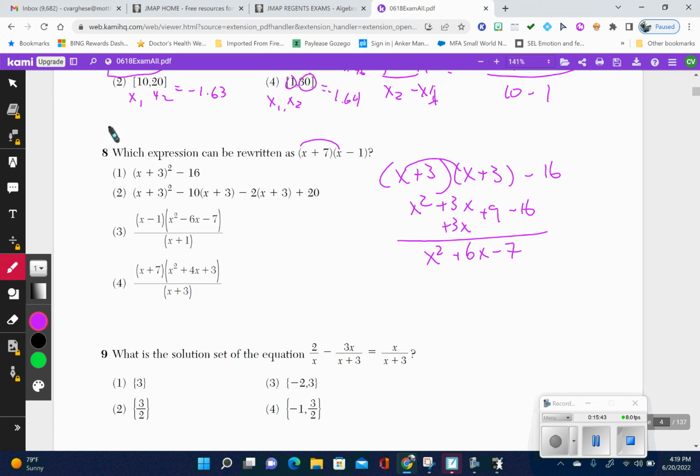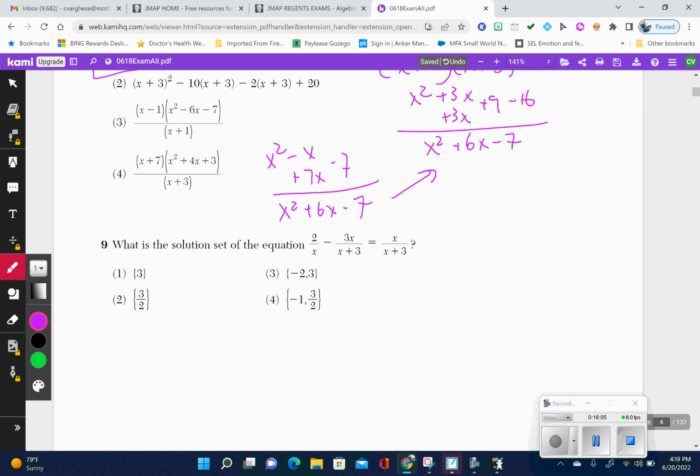So I'm going to FOIL this part right here, so that's going to give me x squared. This is going to be negative x. This is going to be positive 7x. Life would be great if this is the answer. And this is negative 7. Hey, that's promising. So x squared plus 6x minus 7. Same thing, right? Boom, we could stop right there. So the correct answer choice is the first one.